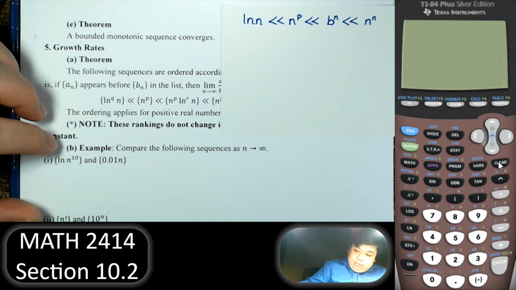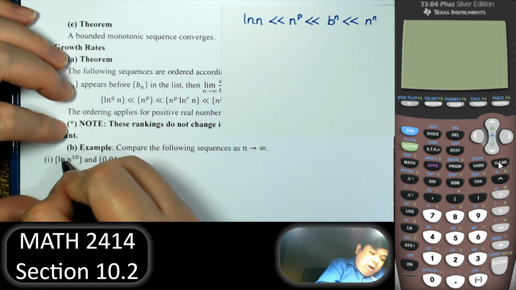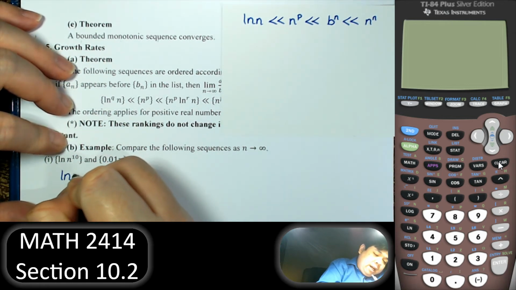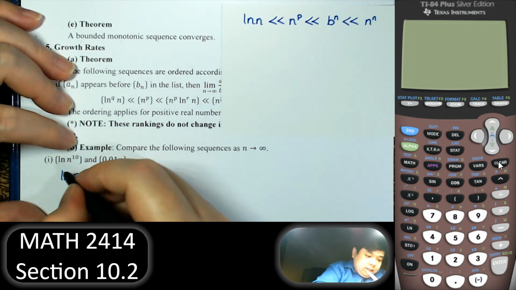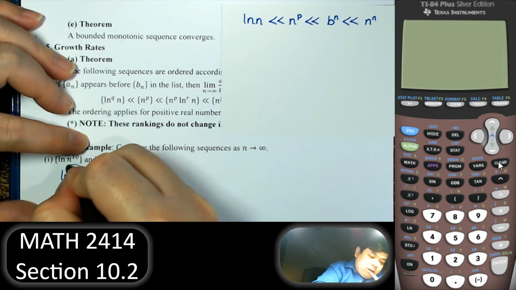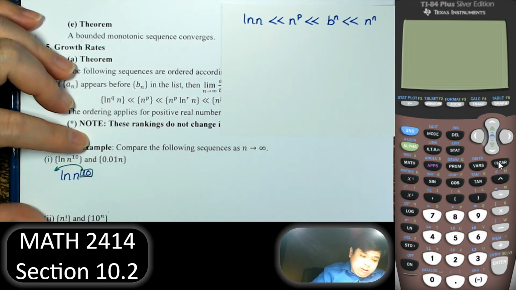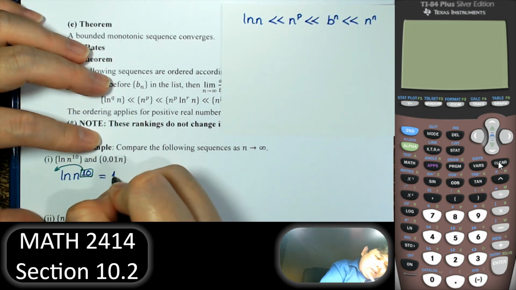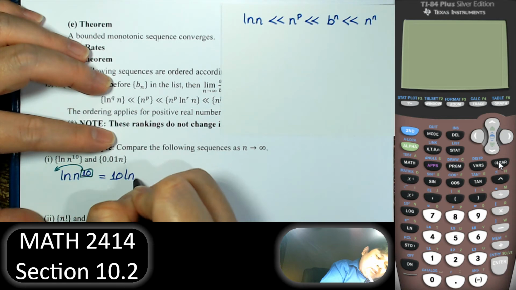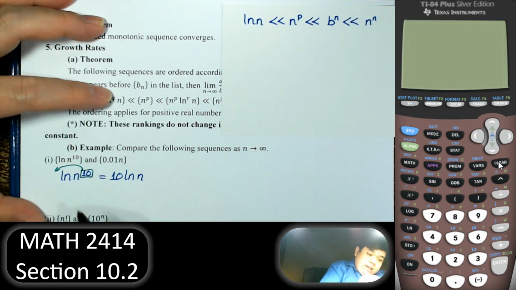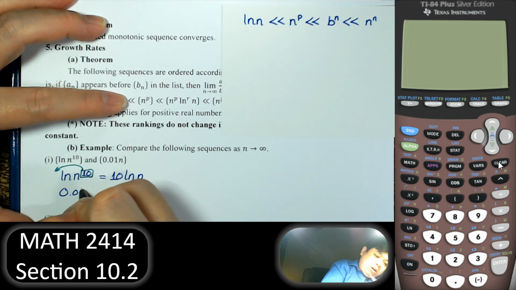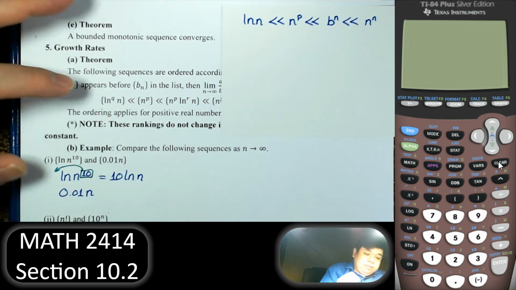So, ln n to the 10 power. We can take the power outside. And then the other one is 0.01 to the n.